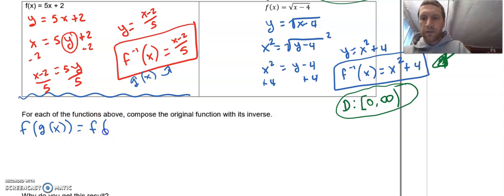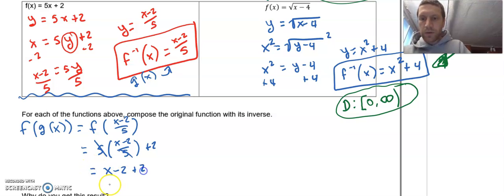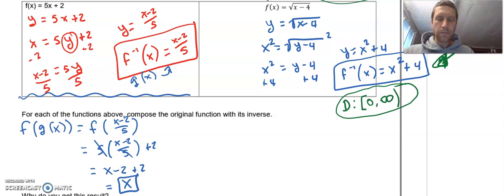So f of, let's see, g of x we're saying is x minus 2 over 5. So go to f and plug in your new input. The 5s cancel. I'm left with x minus 2 plus 2, which simplifies to just x.